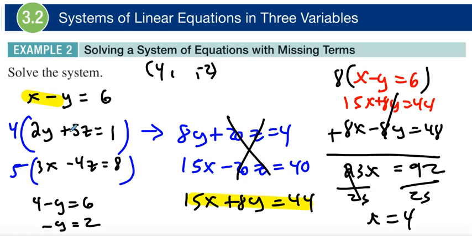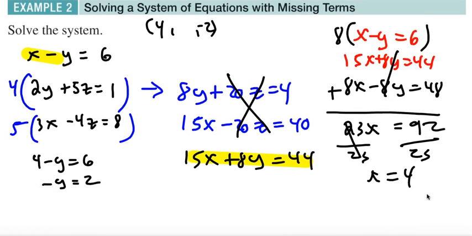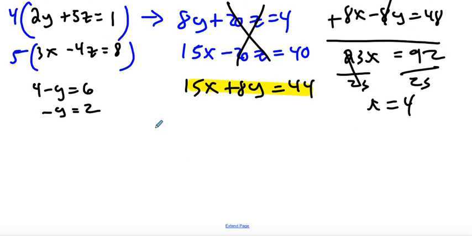Then if I want to find z, I can just plug it into the second or the first equation. It doesn't matter which one I'm going to do there. Maybe I'll just do the second one. So if I do the second one, 2 times the y value, which was -2, plus 5z. So this right here is -4 plus 5z equals 1, so 5z is 5.